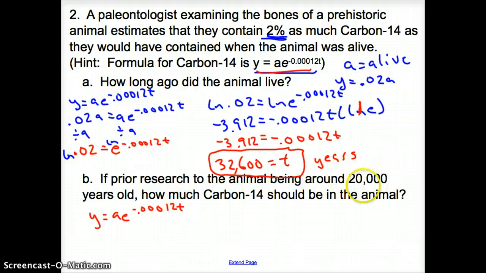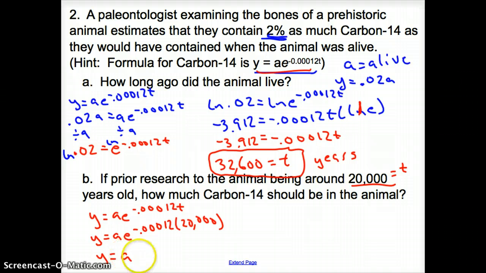Now we have 20,000, which is going to be our t. So y equals a e to the negative 0.00012 times 20,000. A lot of numbers going on right here. If we multiply everything out, we have y equals a e to the negative 2.4.